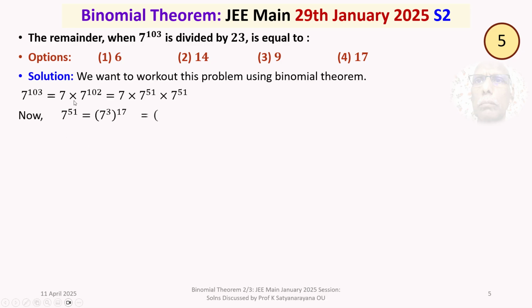Now 7 to the power of 51 is 7 cubed to the power of 17. 7 cubed is 343 to the power of 17.